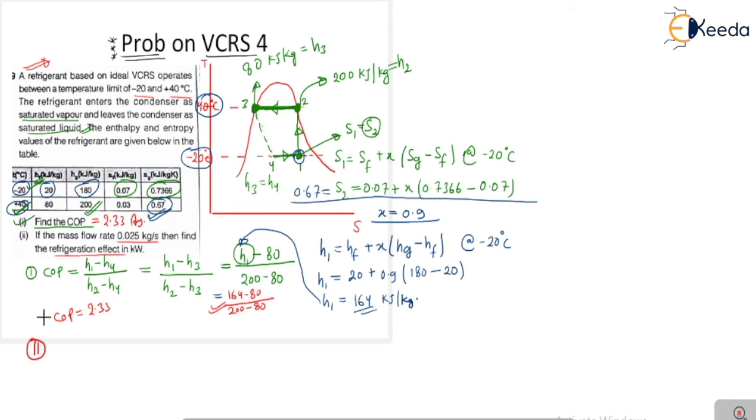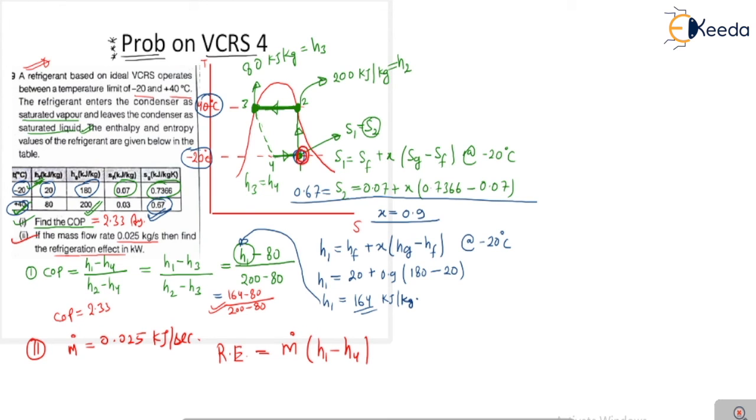If we are going for a second question, and the mass flow rate given is 0.025 kilojoule per second, find the refrigeration effect in kilowatt. That means refrigeration effect is the mass flow rate times bracket H1 minus H4.